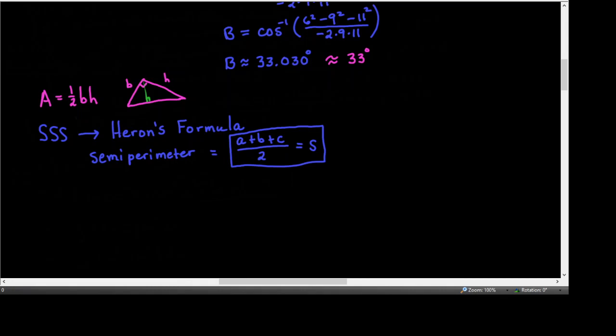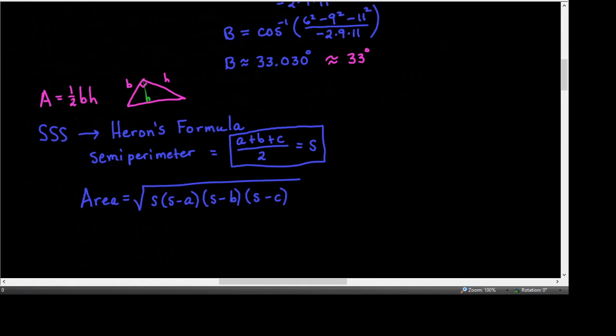Okay, then to find the area of the triangle, this is the formula that you use. It will be the square root of the semi-perimeter times the semi-perimeter minus A, one of the sides that you know, times the semi-perimeter minus B, another one you know, times the semi-perimeter minus C, the third one you know.